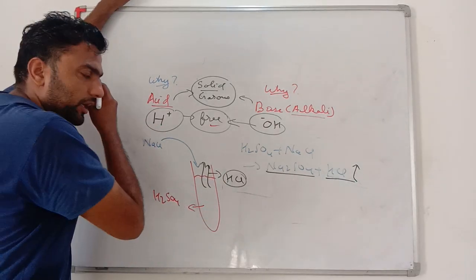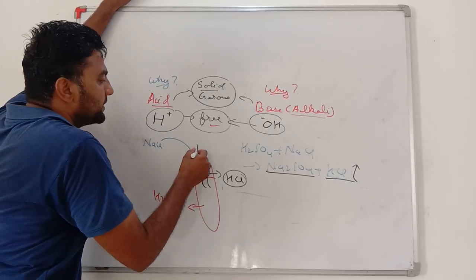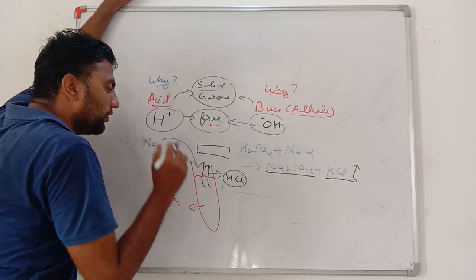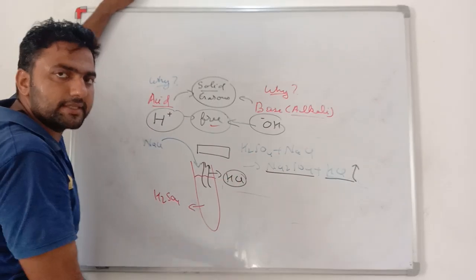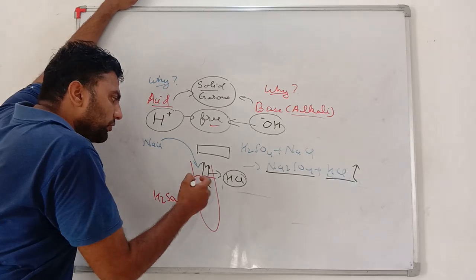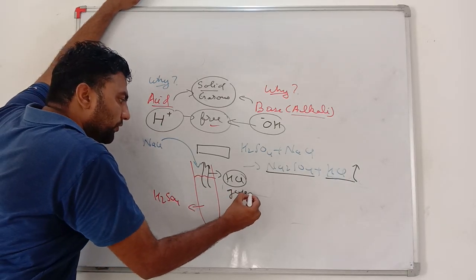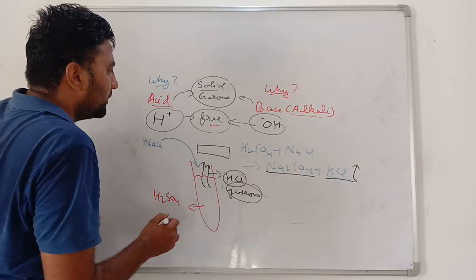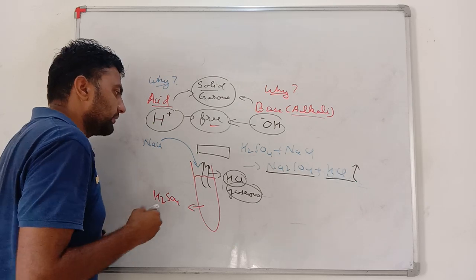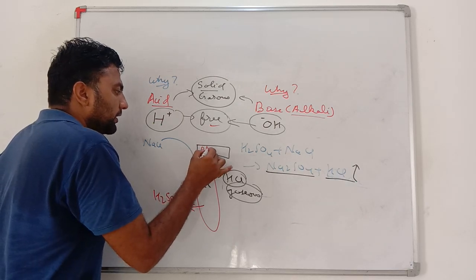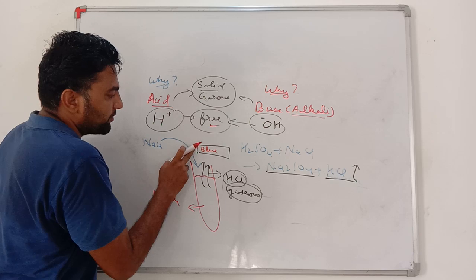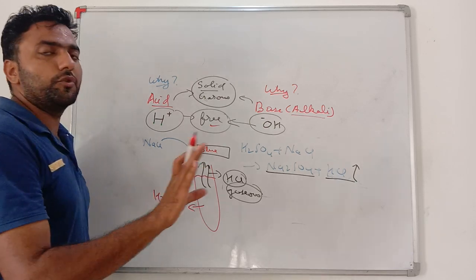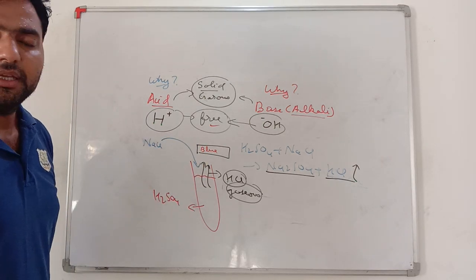Okay. Now what happens is that I want to check whether this is acidic or not. Obviously HCl is acidic, we know. But as this is in gaseous form, I put a litmus paper that is blue in color. But when this litmus paper comes in contact with gas, there is no change. Why?